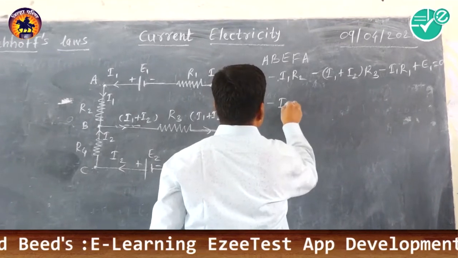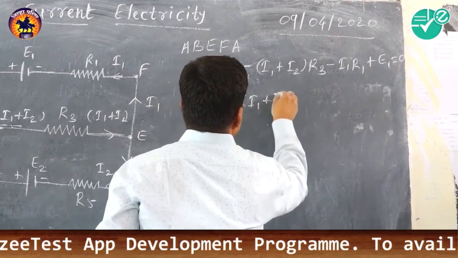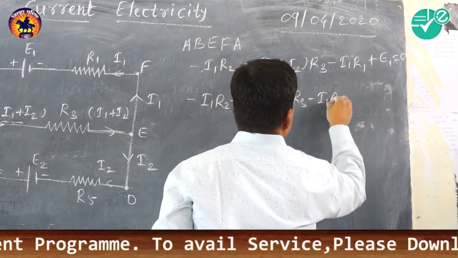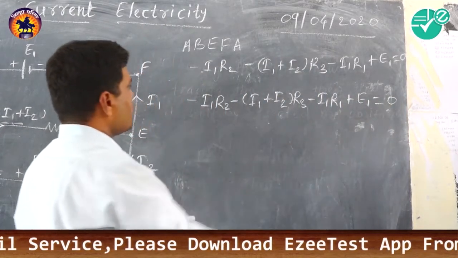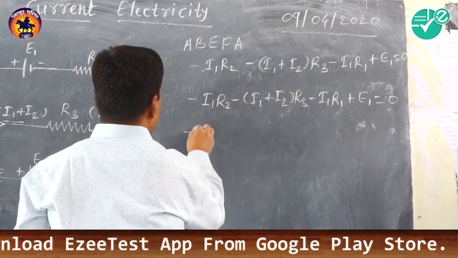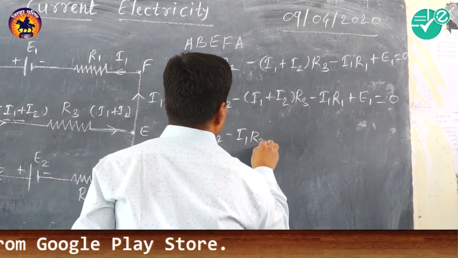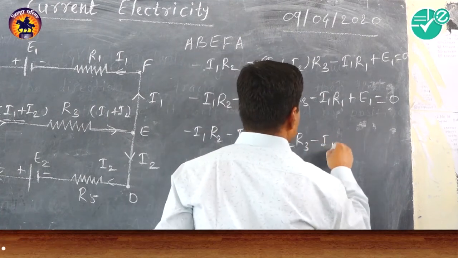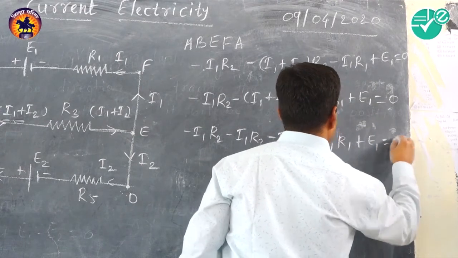I can write it as minus I1 R2 minus (I1 plus I2) into R3 minus I1 R1 plus E1 is equal to 0. Or you can simplify this equation by multiplying R3 into the bracket, and write it as minus I1 R2 minus I1 R3 minus I2 R3, then minus I1 R1 plus E1 is equal to 0.